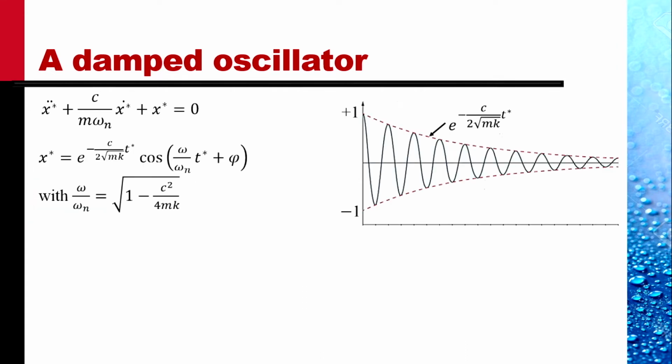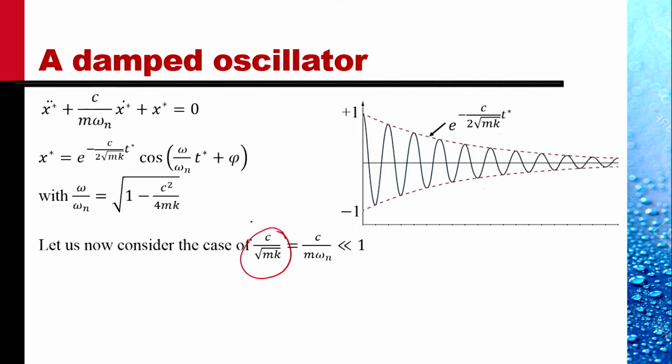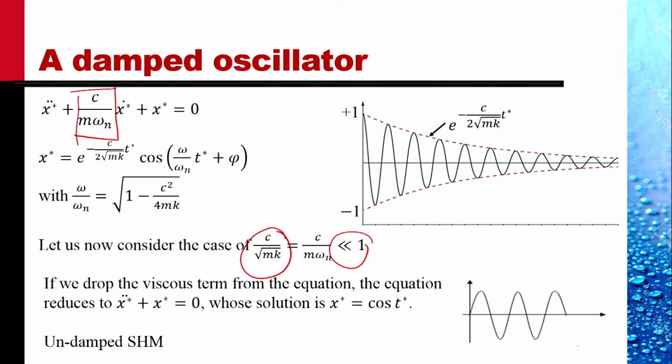This is repeating the information from the last slide. Now let us consider c by under root mk much less than 1. That is, this much less than 1. If this is much less than 1, then we can drop this term from the equation.